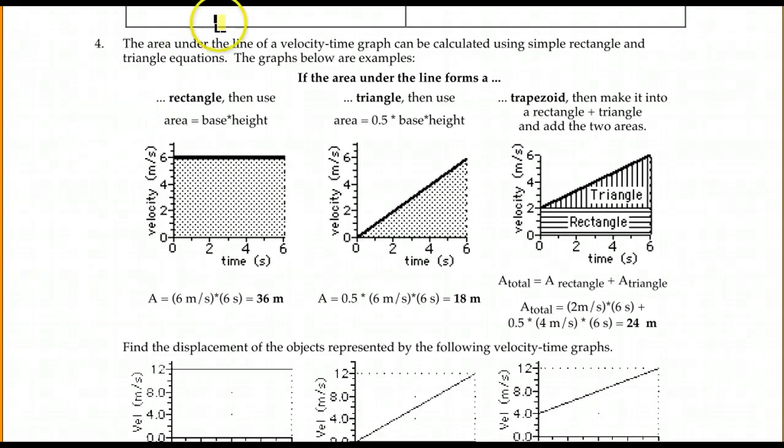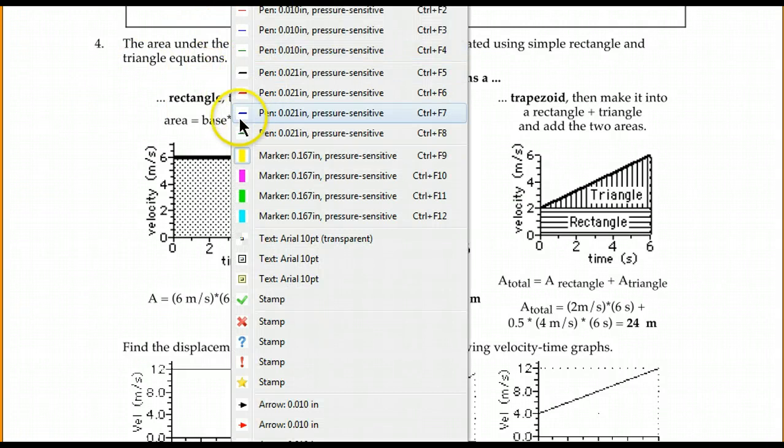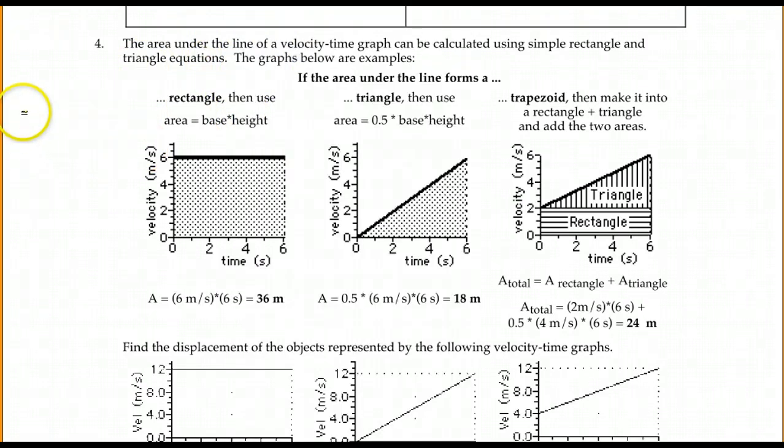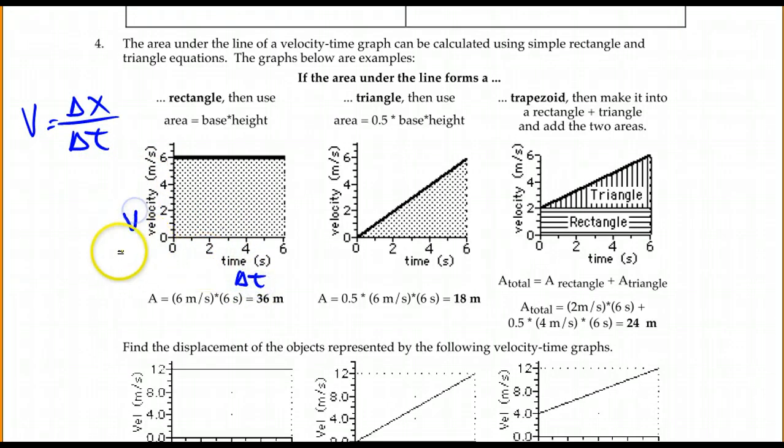If you keep in mind that velocity is described as the change of position over change of time, then taking the velocity v and multiplying it by the time delta t gives you the distance traveled, because delta x, your change in position, is velocity times time.